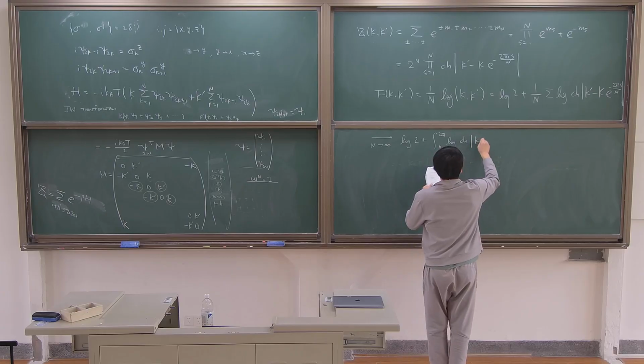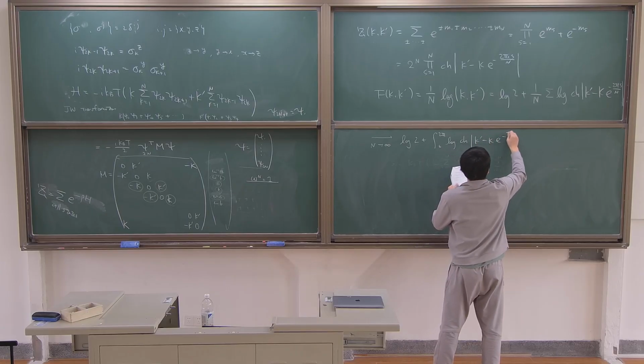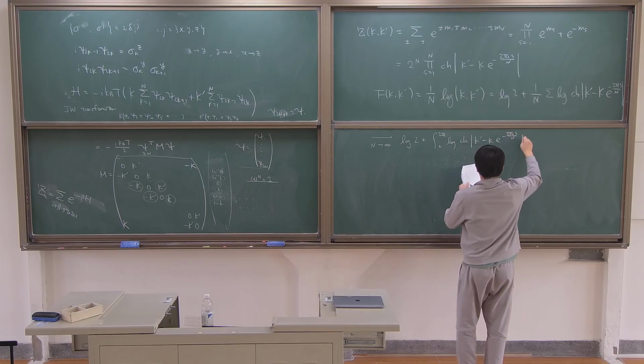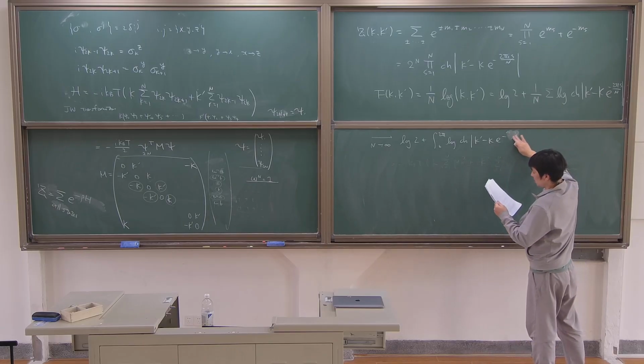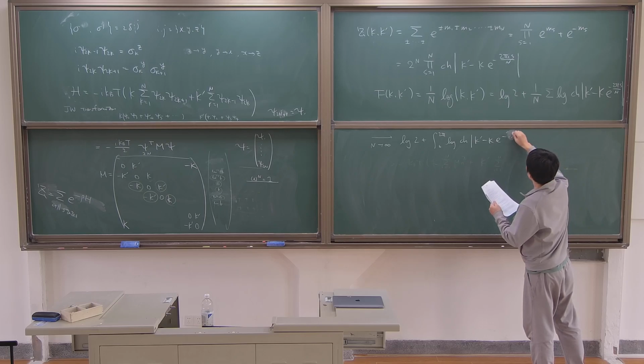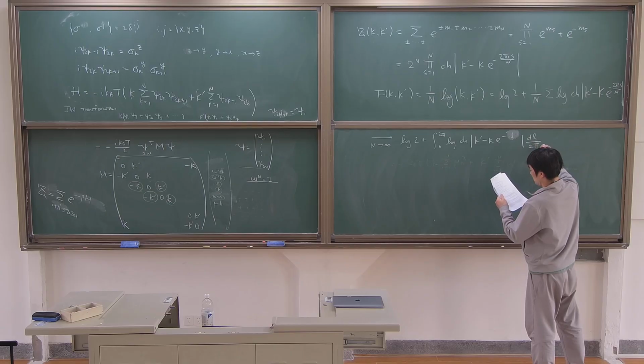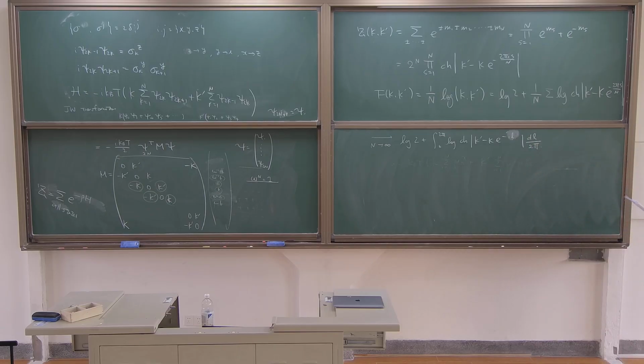cosh k prime k e to the minus 2 pi r s divided by n. Oh, sorry, there is no s. So this becomes dl over 2 pi.